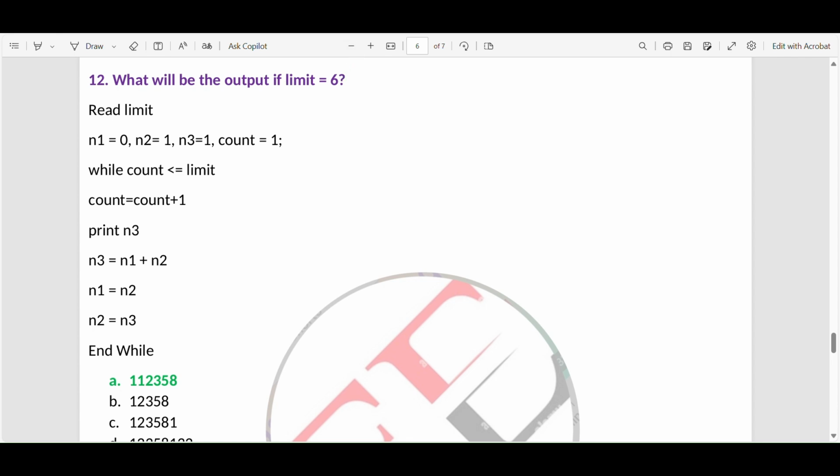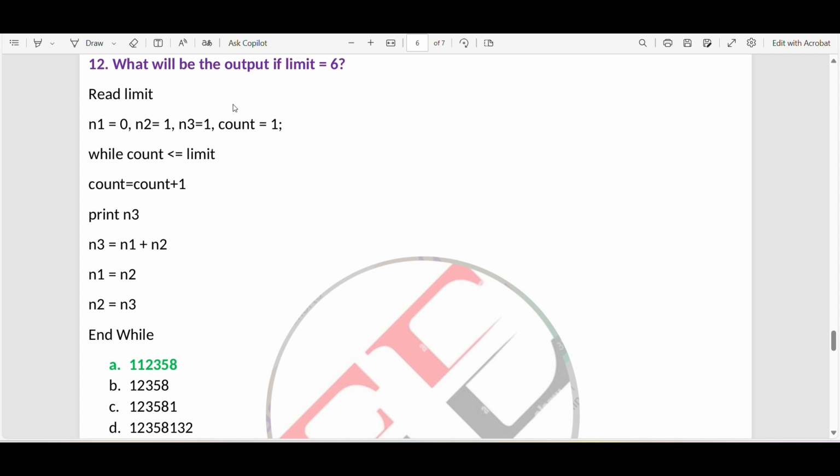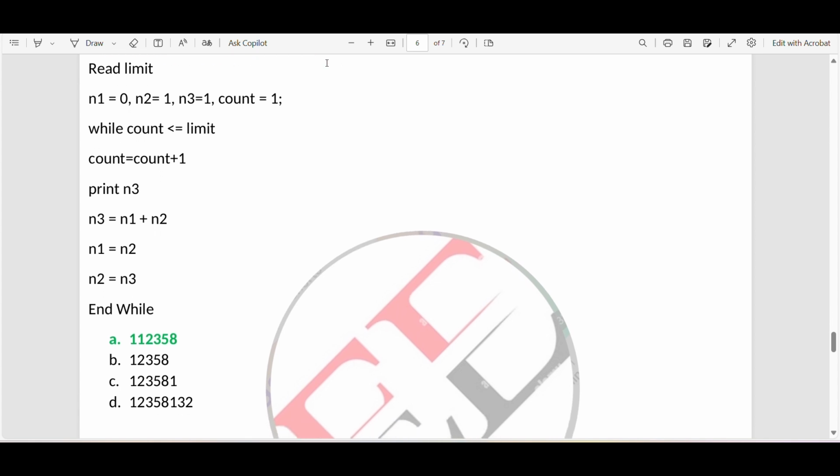And this is again the output of a pseudocode if limit is 6. This is question number 12. Here also they are asking for the output of the following pseudocode if the value of limit is 6. So here we have the variable limit. If the value of variable limit is 6, then what will be the output of this pseudocode?